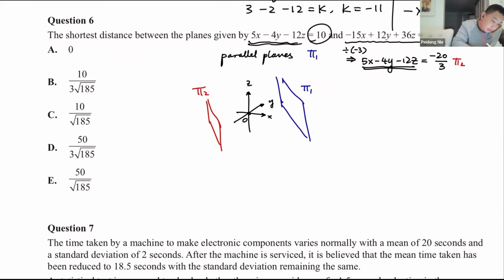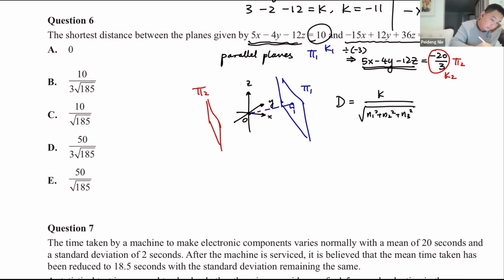So now, if I'm looking at the relative distance between the first plane and the origin, there is a formula. Basically, we know this constant here is k, let's say k1, okay? And this constant here is k2, okay? The signed distance from a plane to the origin can be calculated by k divided by the magnitude of the normal vector, which is the square root of n1 squared plus n2 squared plus n3 squared, okay?